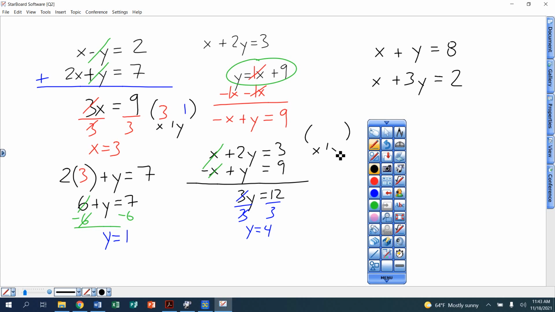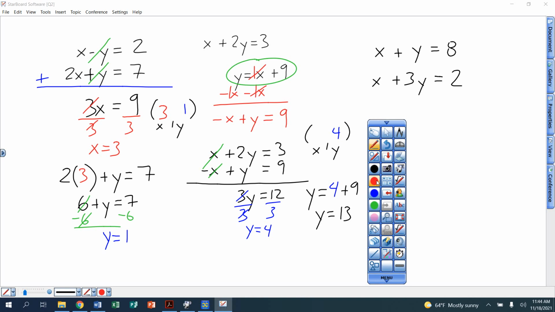To find the x number, I'm going to plug in 4 for x into either of these. It looks like that bottom equation is way easier. When I plug in 4 right here, I could easily, in just one step, add that up to get that. I'm sorry, you could see my mistake right there.